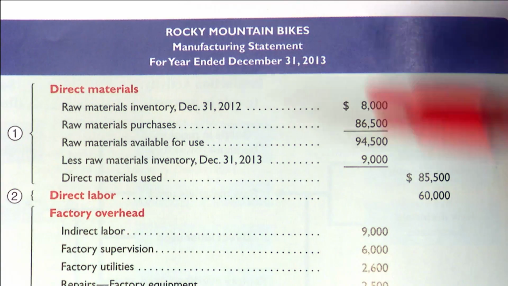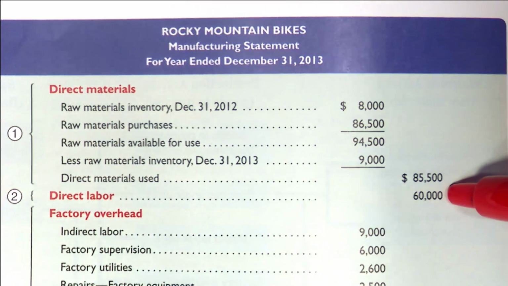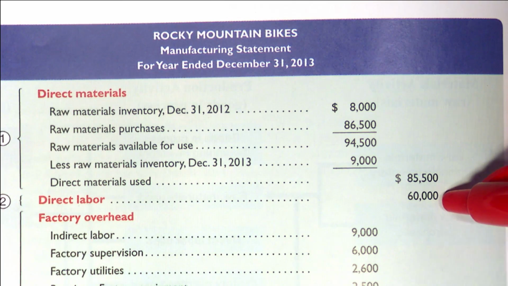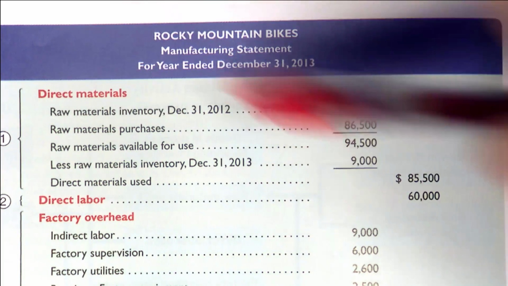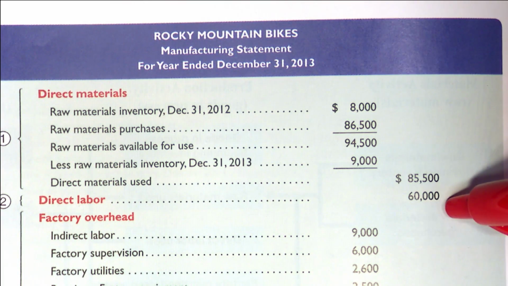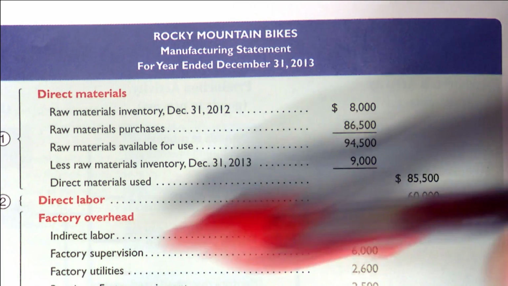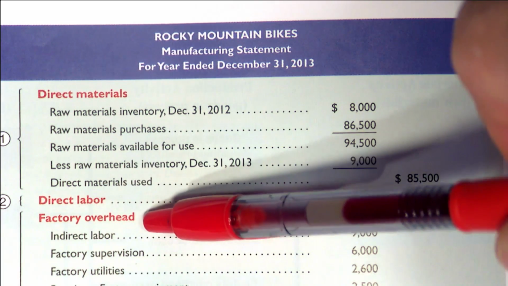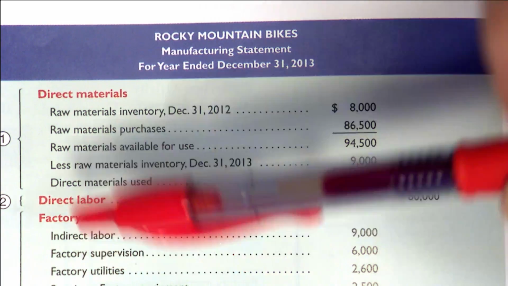All it is, you add the direct labor. It's easy because you can't inventory labor, can you? Right? So step 1 was to figure out how much the direct materials used were. Then we figured out our direct labor. The third step has to do with the third product cost, factory overhead.